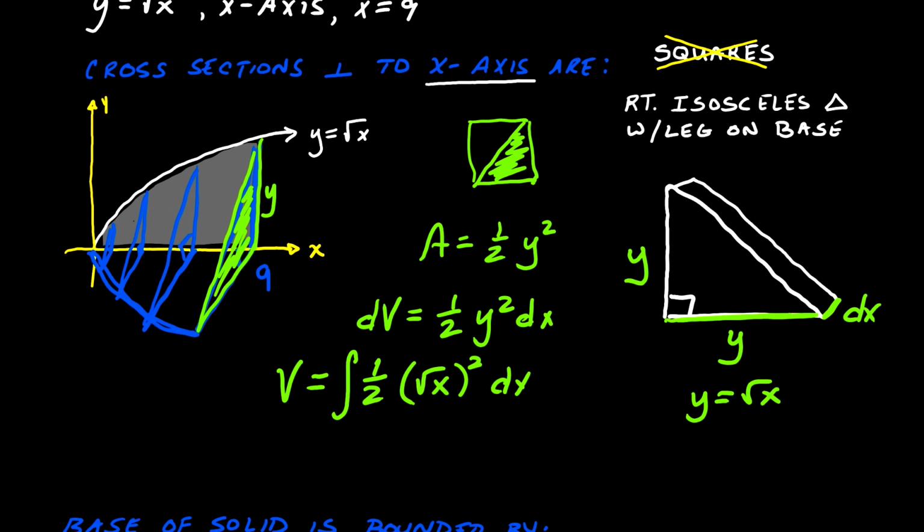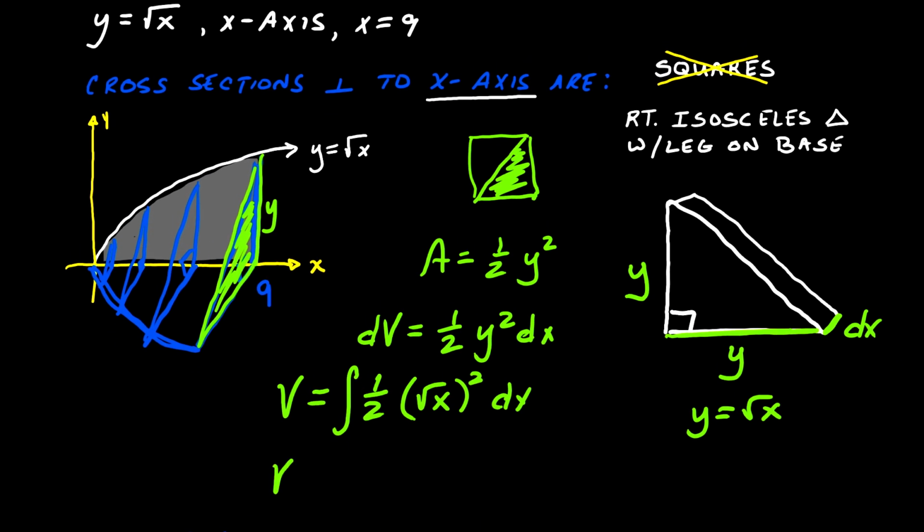And this can be simplified a little bit more. We'll say 1/2 we can always pull out. So whenever you have a right isosceles triangle, it's going to be just 1/2 times the side length, and in our case it's root x, and it's going to be squared, so it leaves us with x dx. So it's really related to the last problem where it's just half of the side length squared.